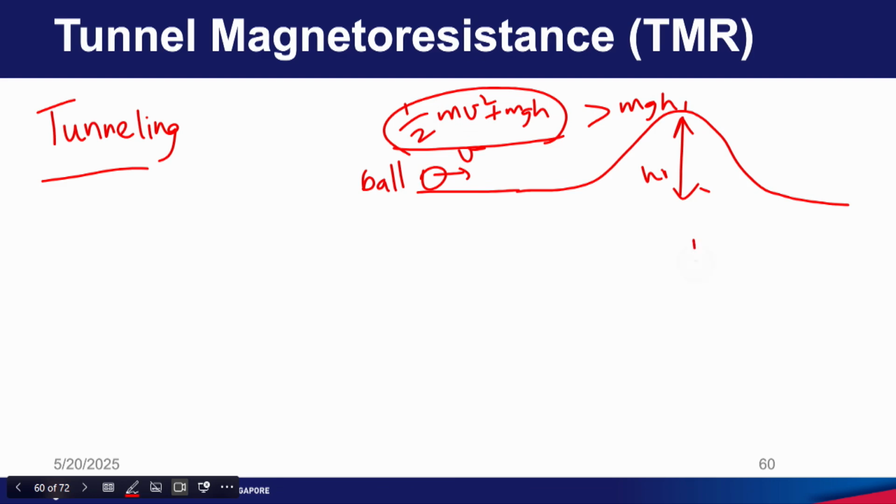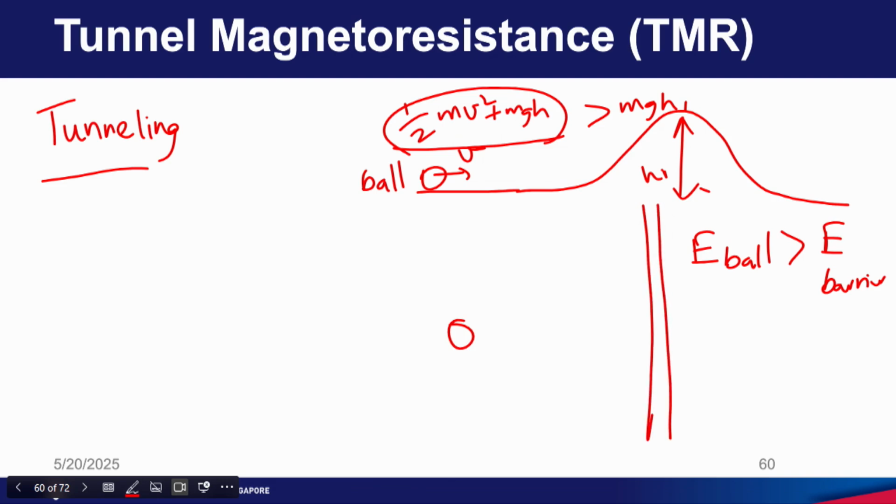So, energy of the ball is greater than the energy of the barrier, the ball will cross. Okay. On the other hand, let us say this is the ball and you have a very huge wall, then the ball cannot cross, it will stop or bounce. Okay, so, this is what we know classically.